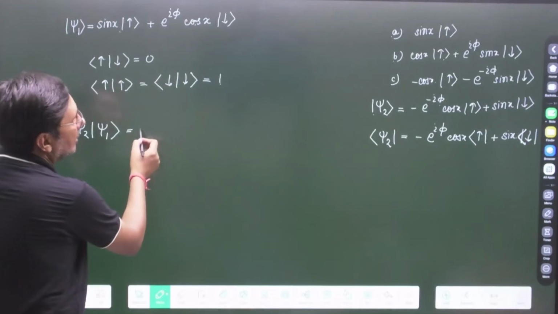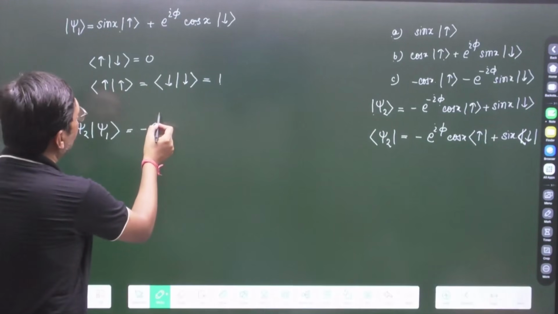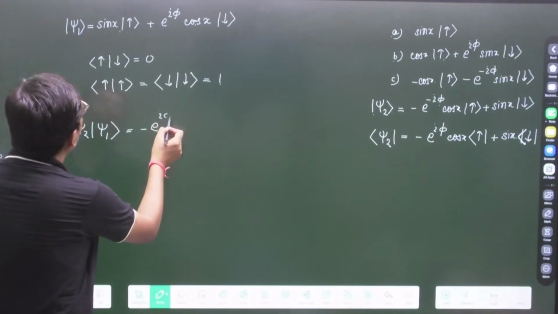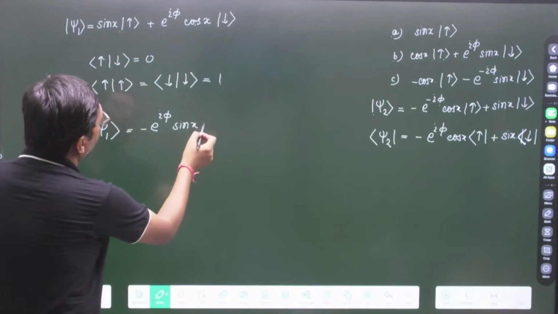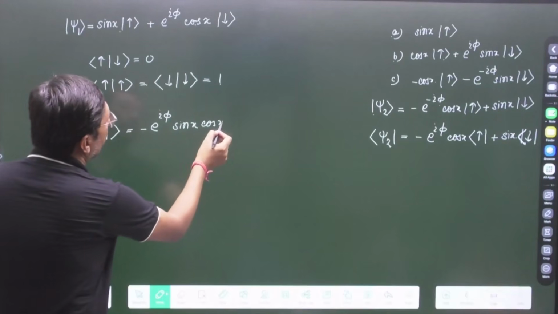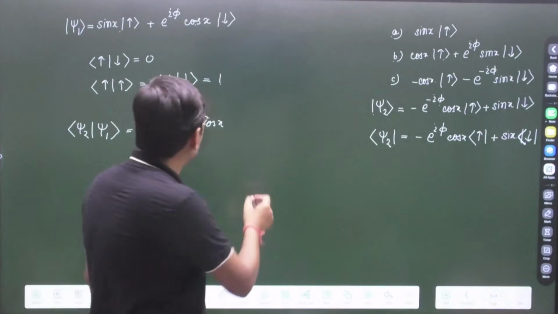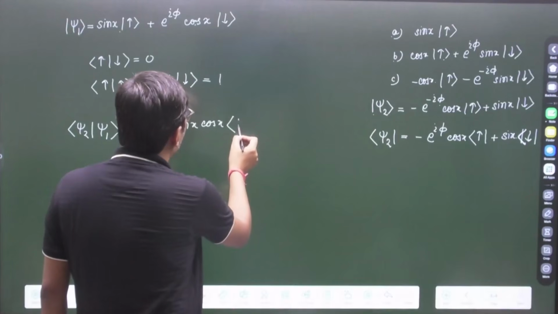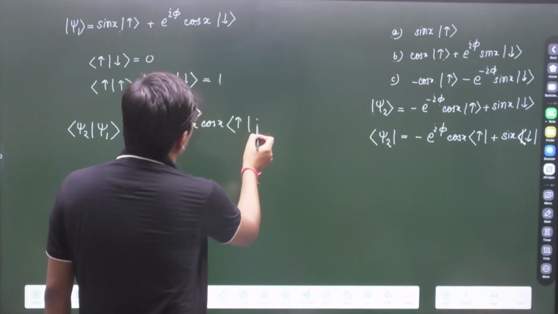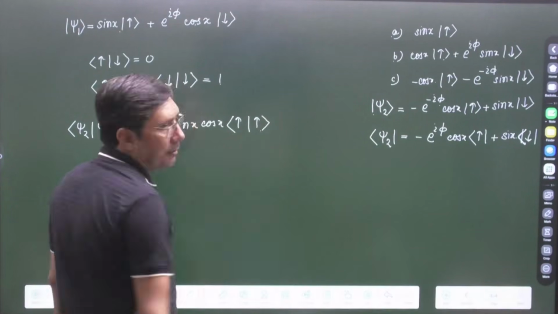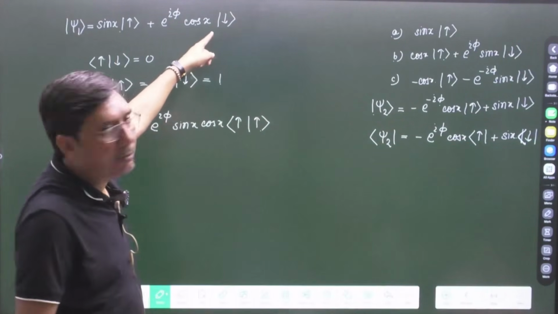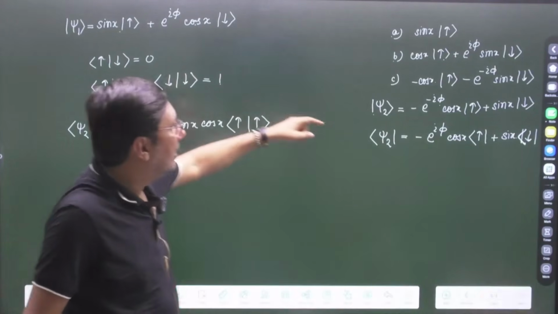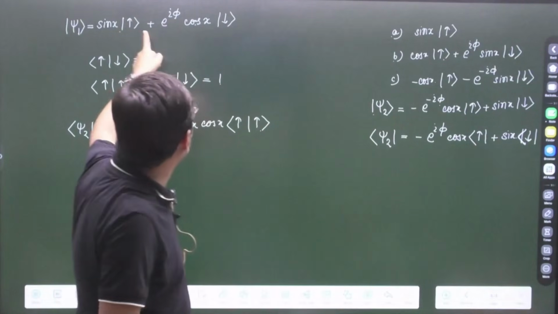You will get minus e to the power iota phi sin x cos x. And this one will be 1. This will be up state acting over up state. When you are operating this one over the second one, this will be 0. Next, this one acting over the first one will be 0.